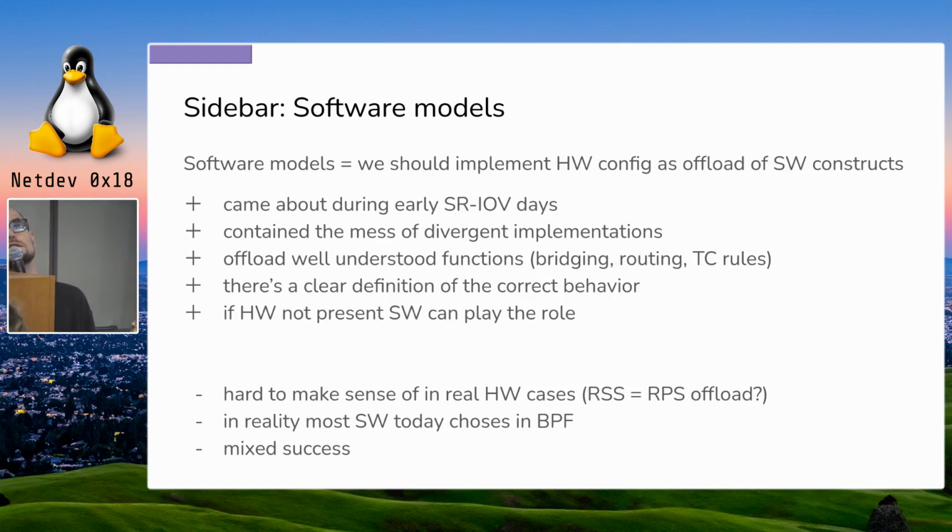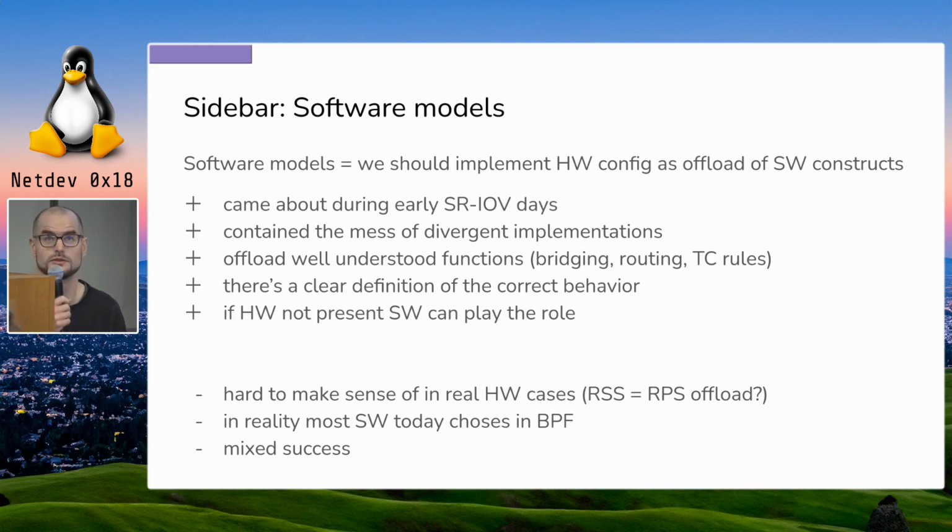Okay, I didn't know where to put this, but there's also a question of right now. I think Jamal likes to say that the work that he's doing is how well inside the TC model, and I think that's to some extent true. I think most people don't understand what the software model is and where it came from. So when we implement offload features in Linux, there's an expectation that there will be a software version of it.